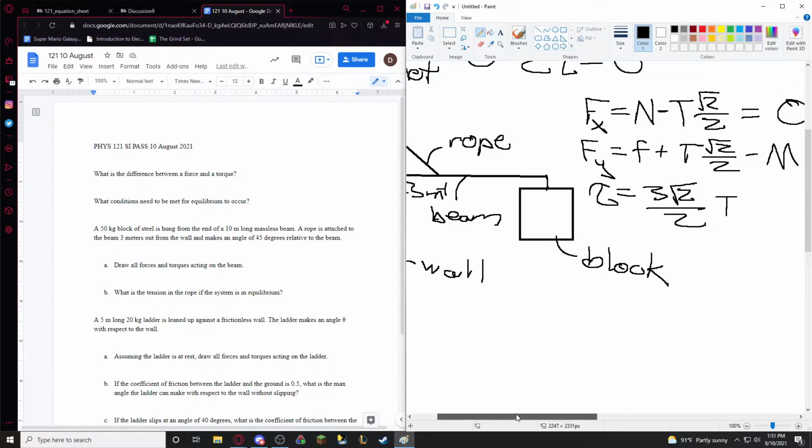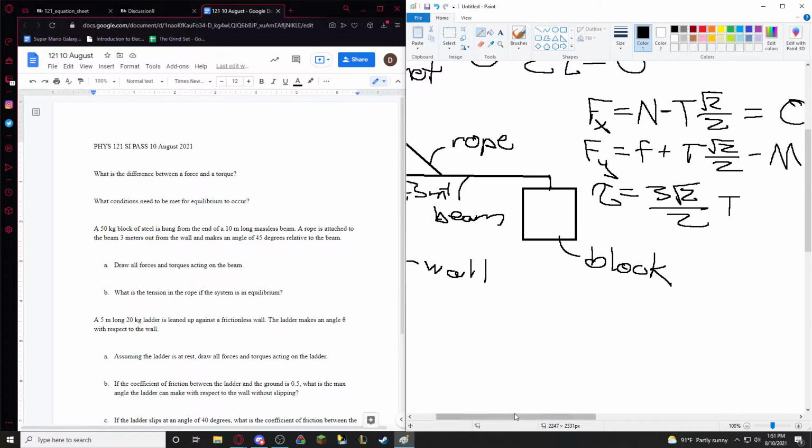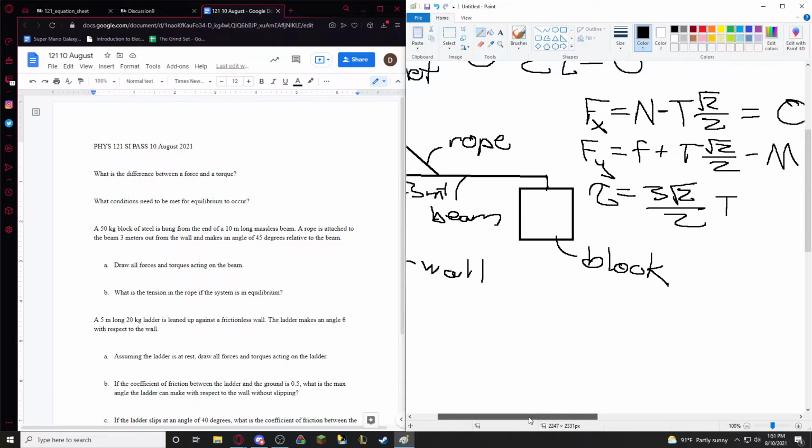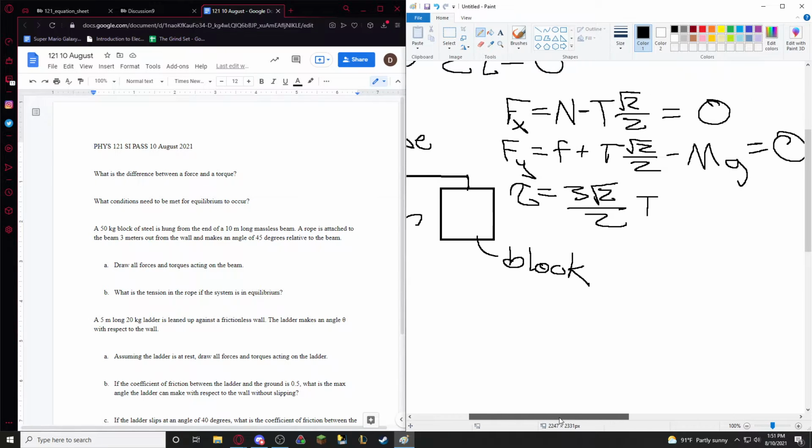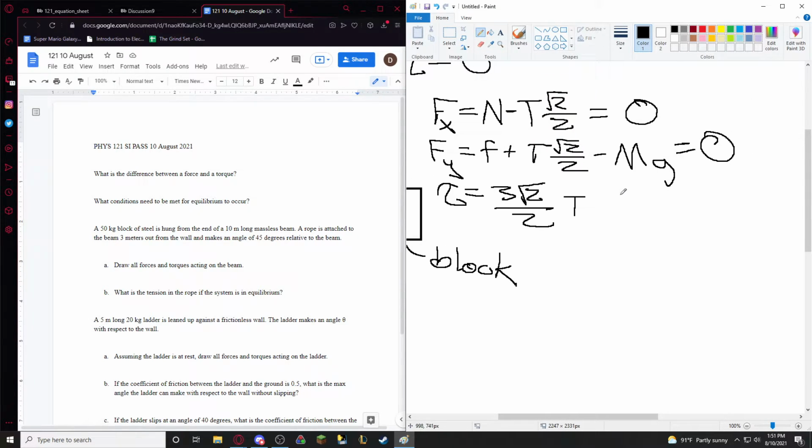What would be the torque here due to the block? The length is 10 meters, so 10 times the weight of the block, which is 50 kilograms, and then times 10 for gravity. So 10 mg. And is it positive or negative?